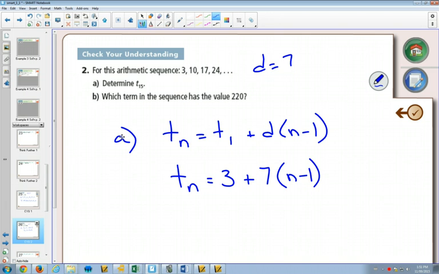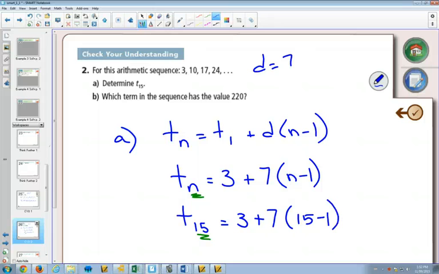If now I want to find term 15, well, term 15 means that I'm replacing this n with 15. And if I replace n with 15 in that part of the formula, which we saw before means that we're going to be adding 7 14 times to that first term.